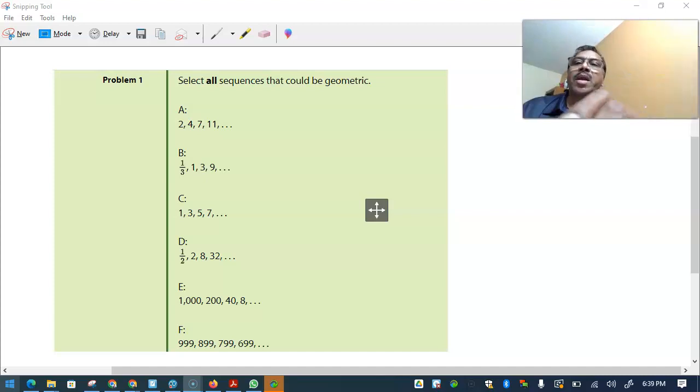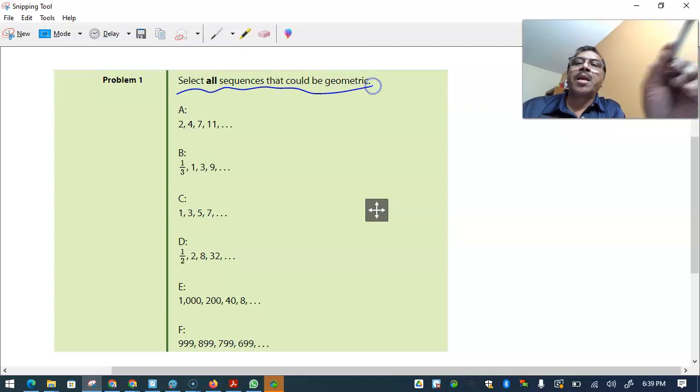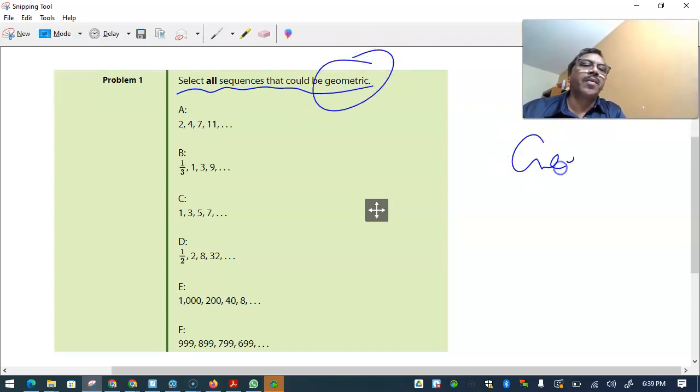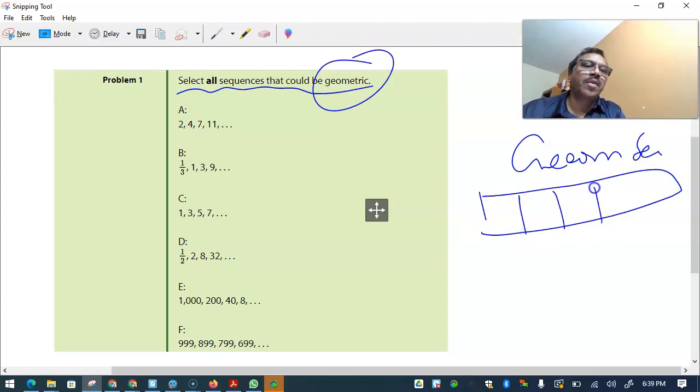The first thing I'm supposed to do here is select all the sequences which are geometric. Now, what is the meaning of geometric sequence? Just a quick review: there should be the same common factor every time, you multiply by the same number.